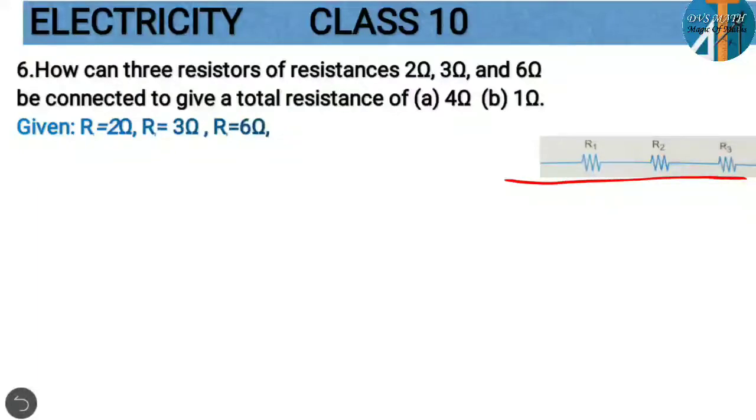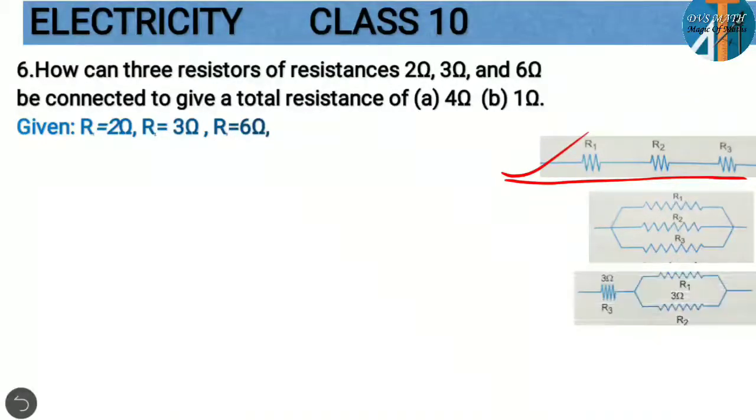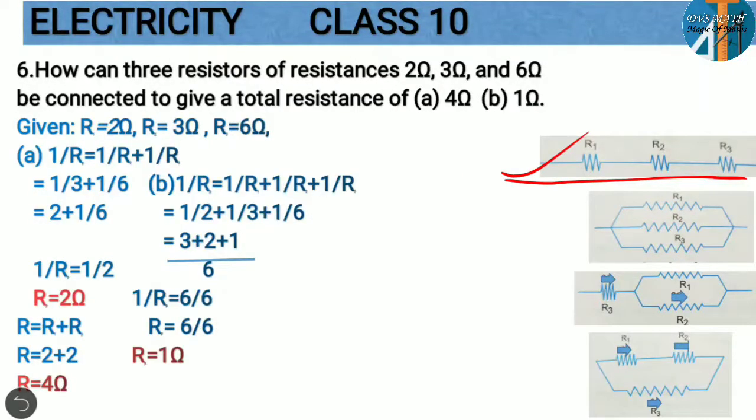First option, you can connect all three in series, or all three in parallel, or, this is very important here, one series and two parallel, or two series and one parallel. So these are all the four options in which you can connect three resistors.